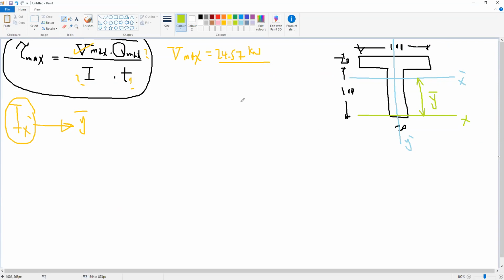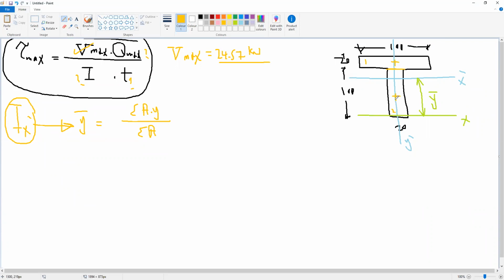So first step is to find y bar. If you remember from last week, y bar was the summation of area multiplied by y divided by the summation of areas. Okay, so here we need to divide the section into two regular sections, 1 and 2.